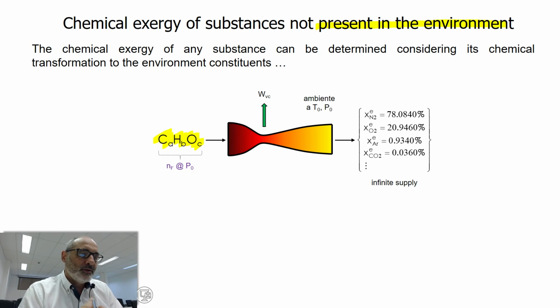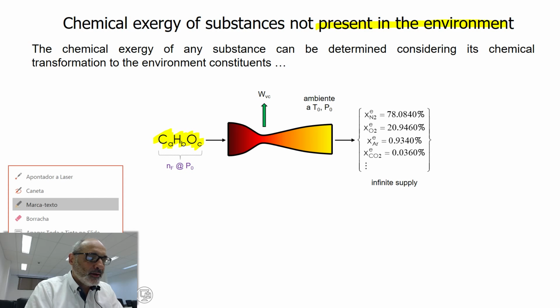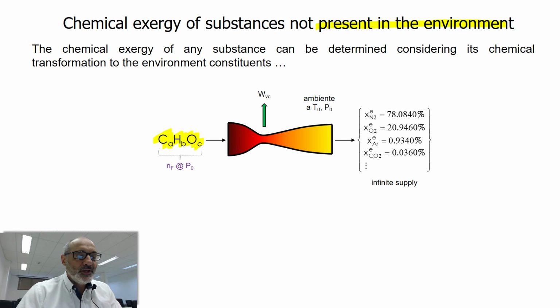So gasoline, kerosene can be modeled like this: a generic molecule. I have a atoms of carbon, b atoms of hydrogen, and c atoms of oxygen.